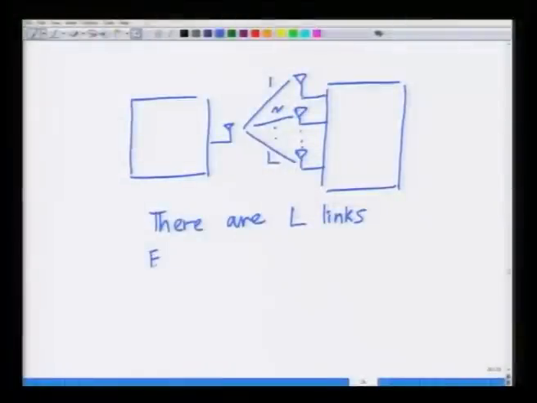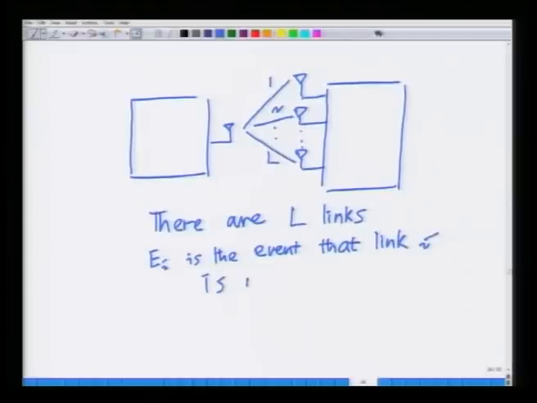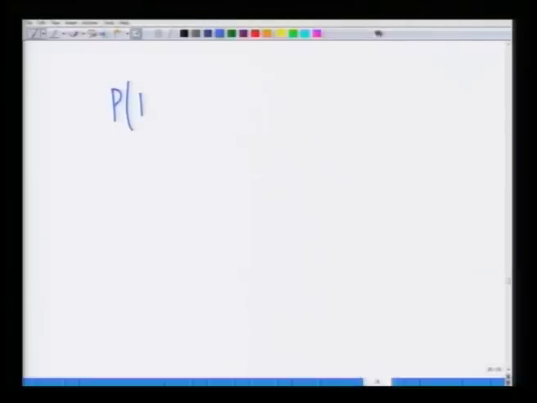So, if E_i is the event that link i is in a deep fade, what am I looking for? The net deep fade event is P of E1 intersection E2 intersection EL.